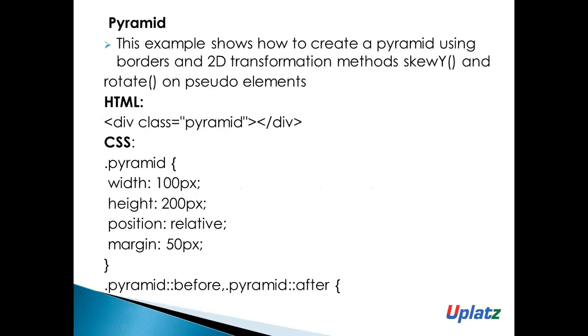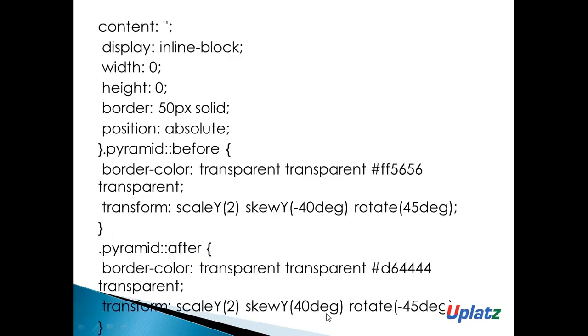So next is the pyramid. I've just shown how to create a pyramid using borders and 2D transform methods, rotate on pseudo elements. Based on our convenience, you can give any width and height for the basic pyramid class. For before and after, you need to use the 2D transform, with the same inline block.